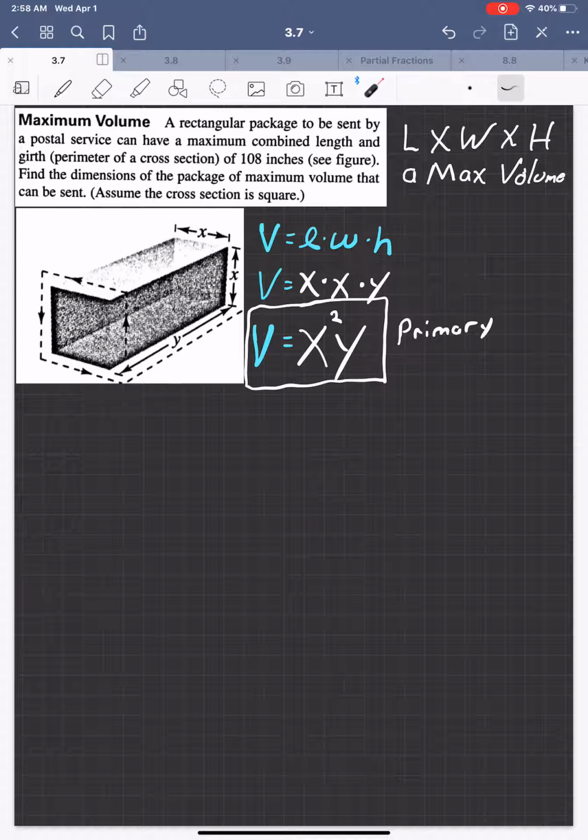So let's put that together. Let's put that into something, right? So what we have in this, the combined length and girth.